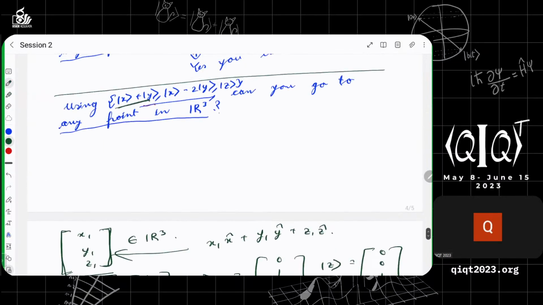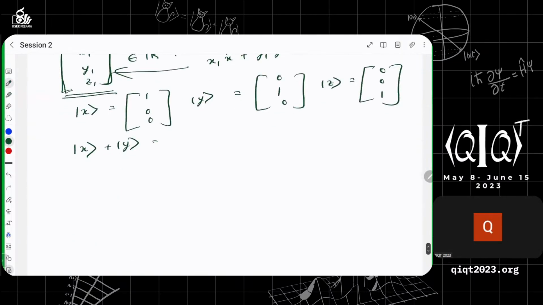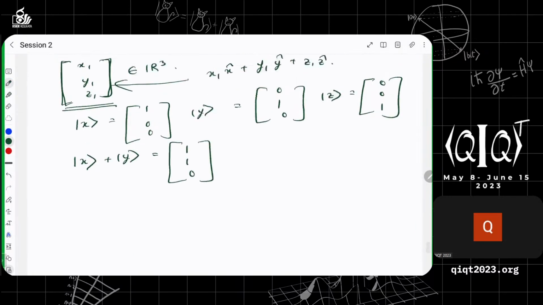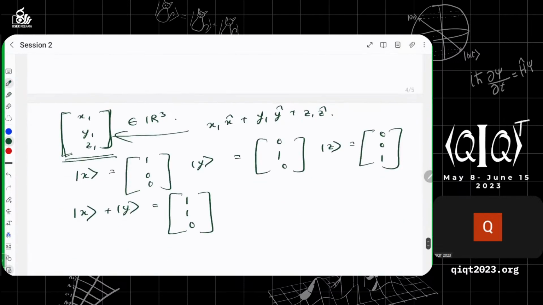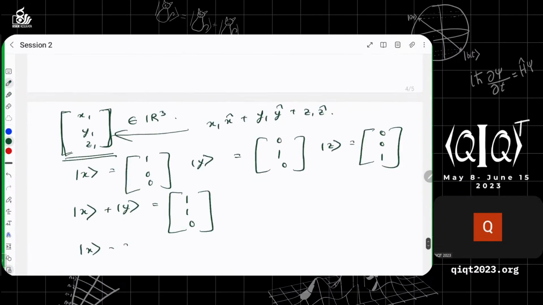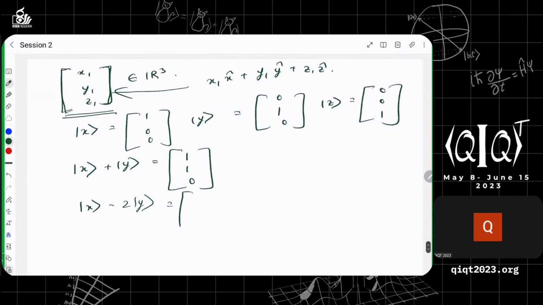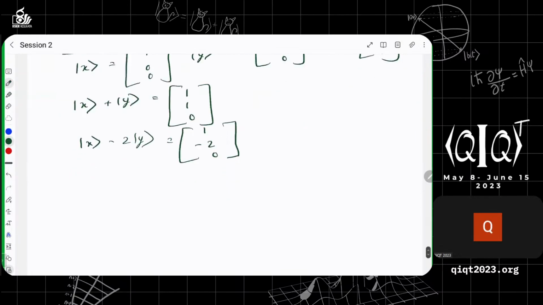This is the first vector. So that would be, if you add these column matrices, 1 1 0, and then if you take x minus 2y, then that would be 1 minus 2 0, and of course the other one is just z, and that is 0 0 1.